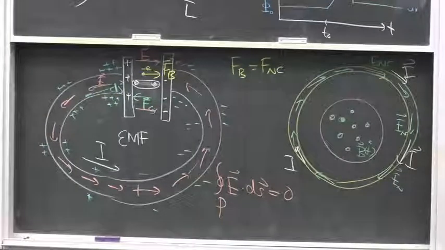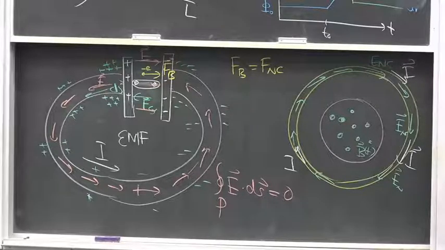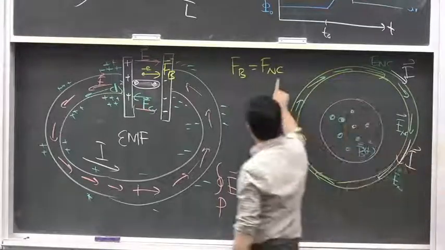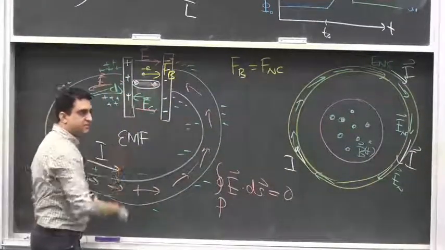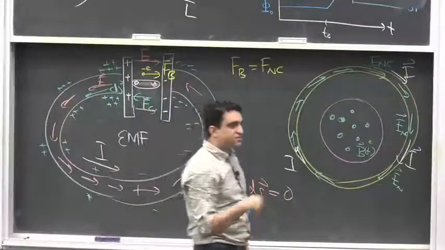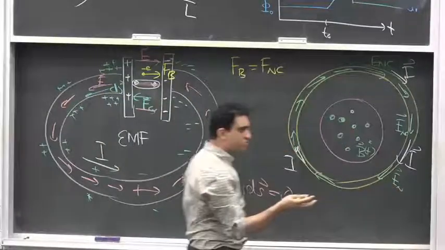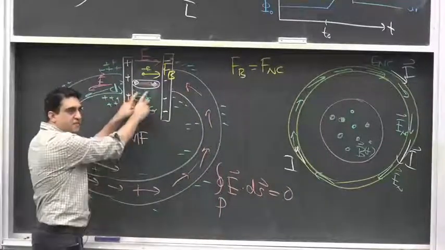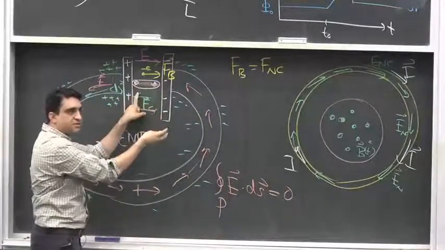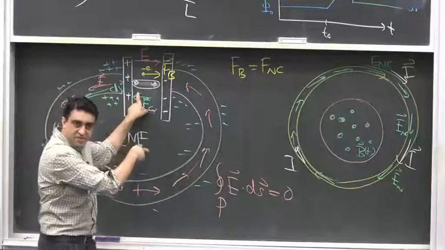Because it's not due to charges, it's due to some belt which is moving the charges, and not due to an electric field produced by charges. So you have a non-Coulombic force which produces that current. And we said whenever you have a non-Coulombic force in your circuit, that sustains the current. If there is no battery, you can't sustain the current, it will die out because of this electric field.